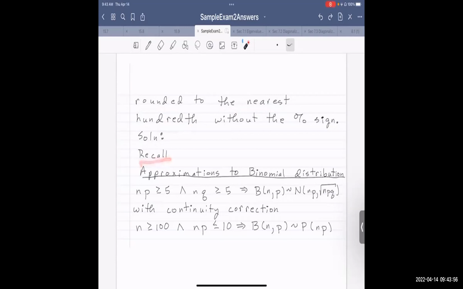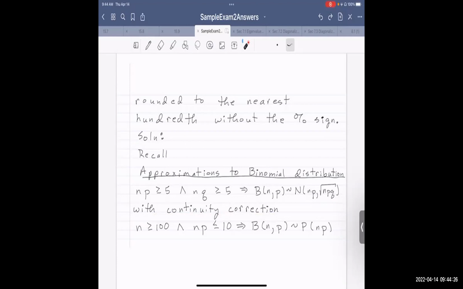Let's recall the following: the approximation to the binomial distribution. If NP is greater than or equal to 5 and NQ is greater than or equal to 5, then we have that the binomial distribution with parameters N and P can be approximated by a normal distribution with parameters NP and radical NPQ, so long as we invoke continuity correction.